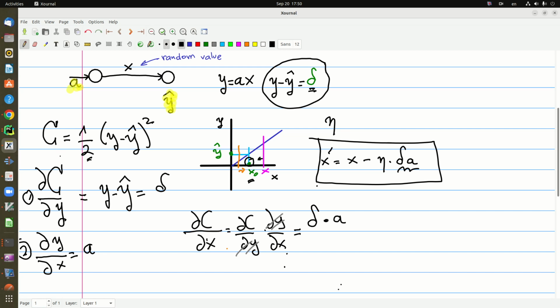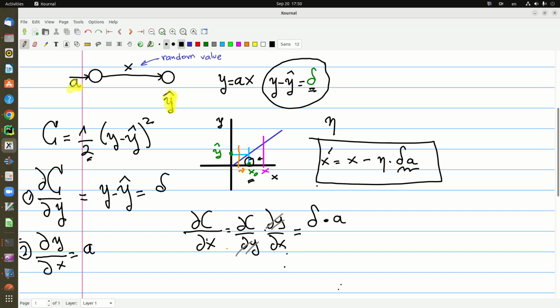If we had multiple parameters, as we're going to see in the next video, we would have a gradient instead of a derivative. We're going to see this in more examples, and we're going to understand it a little bit better.